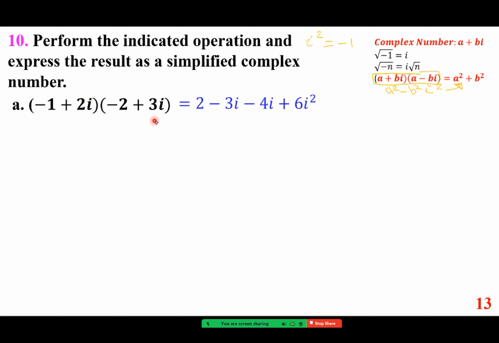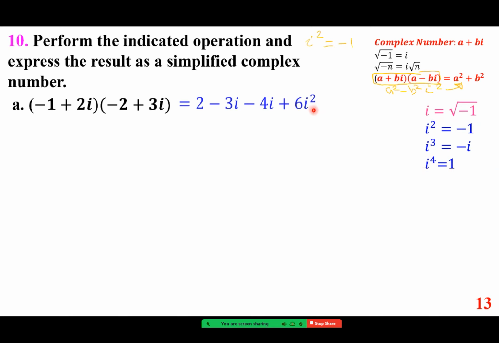However, what I was just mentioning, i by definition is square root of negative 1. If you square that, therefore i squared becomes negative 1. Now i cubed is the product of these two, which means minus 1 times i. And then i to the power of 4 is i squared squared. If you square this one, you get positive 1. So i to the power of 4 is 1.